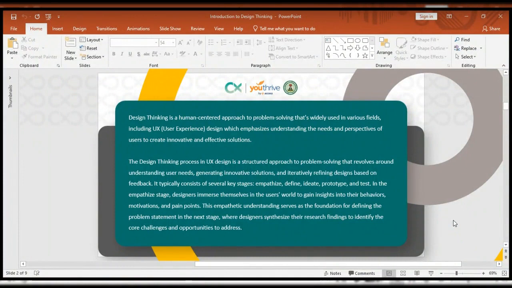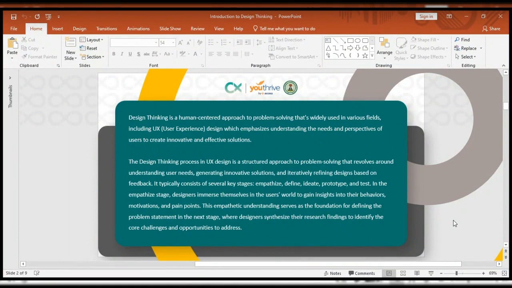You get to understand your users, know their problem, turn their problem into solutions, and then give it to them to test the product you built. You solve the problem with a digital product and then collect feedback on it. That is what the design thinking process is all about in UX design.